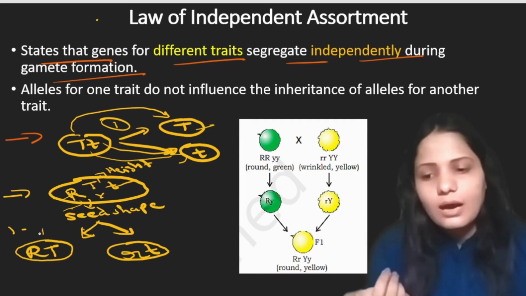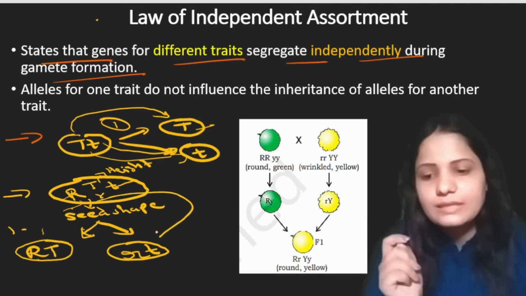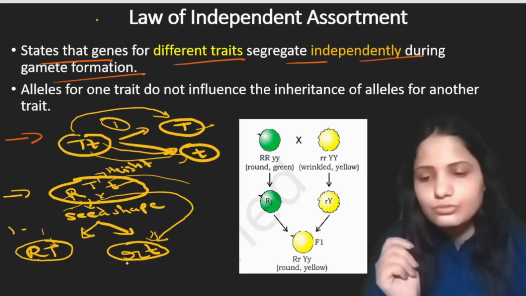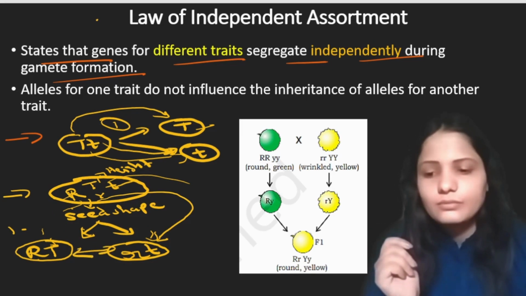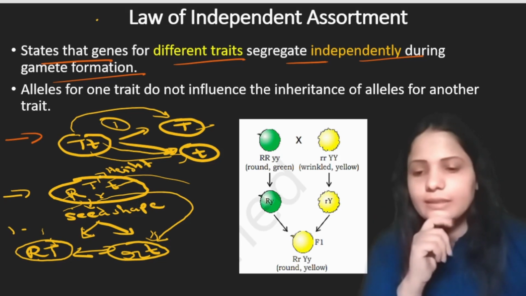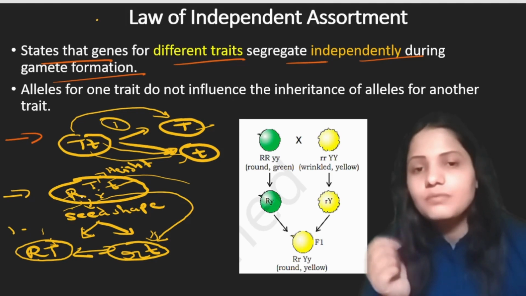Here capital R, one allele of seed shape, will go into one gamete, and small r, the second allele of seed shape, will enter another gamete, and capital T will enter one gamete and small t will be transferred to the other gamete. So the segregation, the separation, is the same. Here we have one thing: this trait of height doesn't influence the transfer of the other trait, which is seed shape.